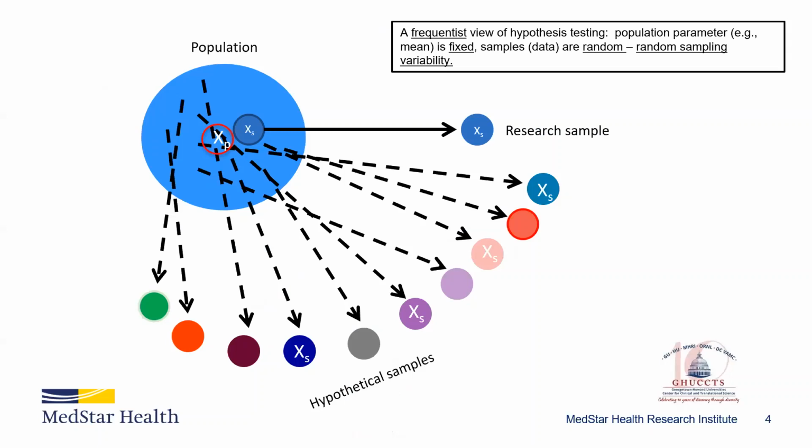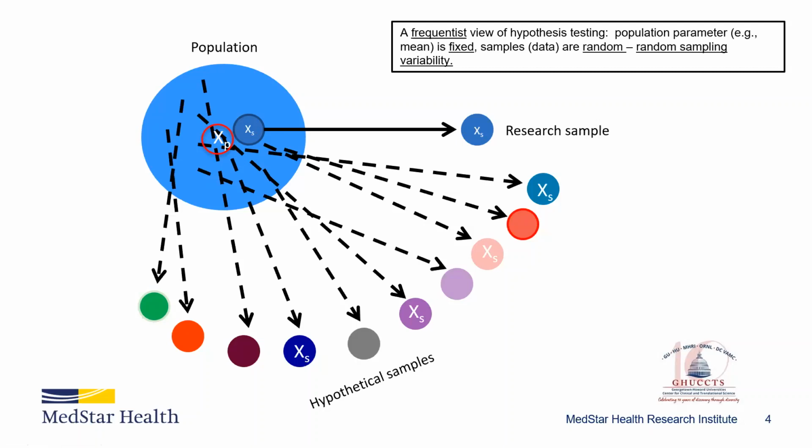In the population, frequentists assume that there's a fixed population parameter. Let's say a mean here, for example. And so we have this fixed parameter, the true population mean. And so we draw a sample from the population, and then we have a mean of our research sample.